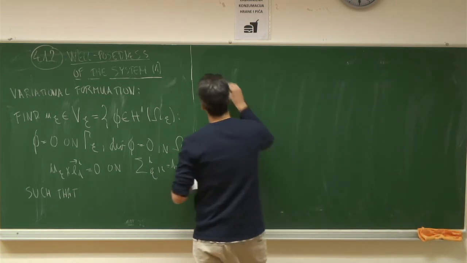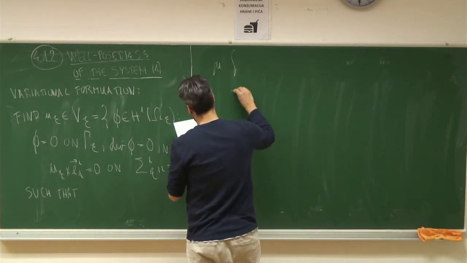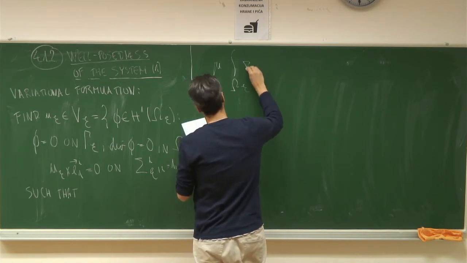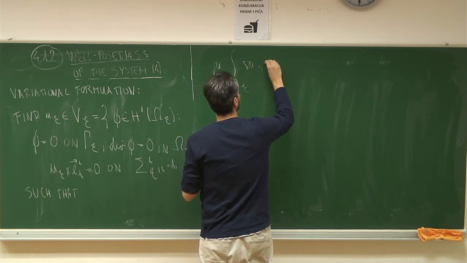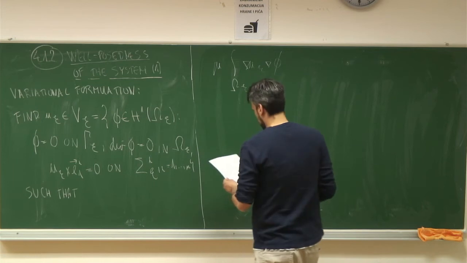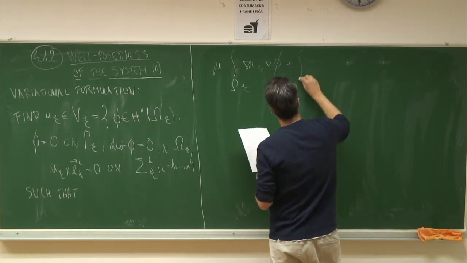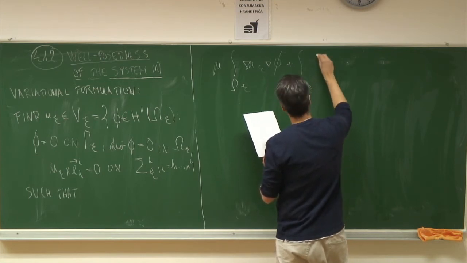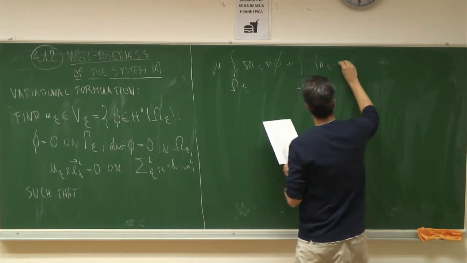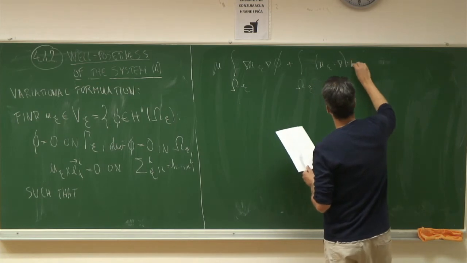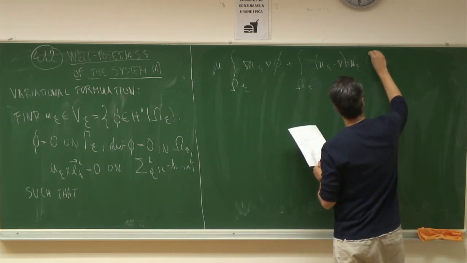So you have the following: mu integral of omega epsilon gradient u epsilon gradient phi, sorry, plus integral of omega epsilon. So it's a very classical variational formulation.